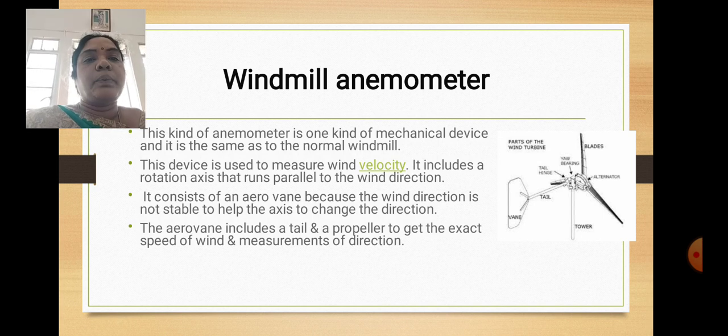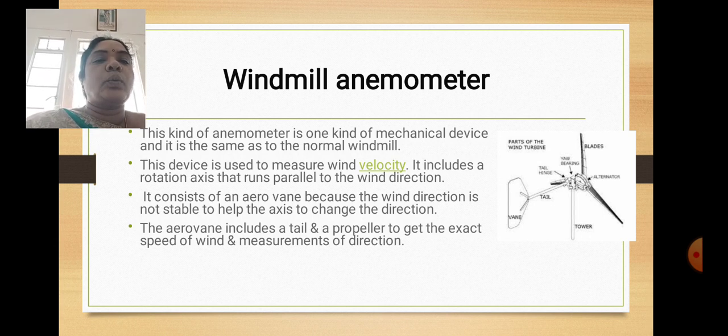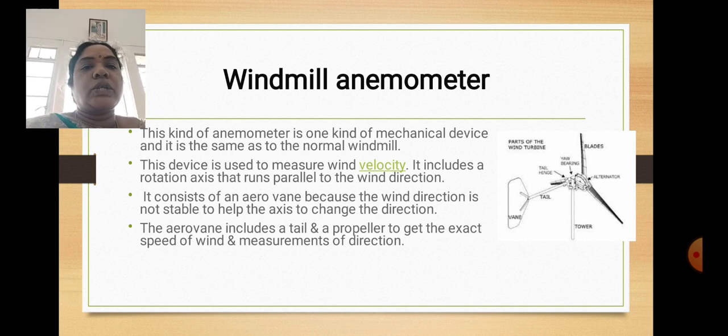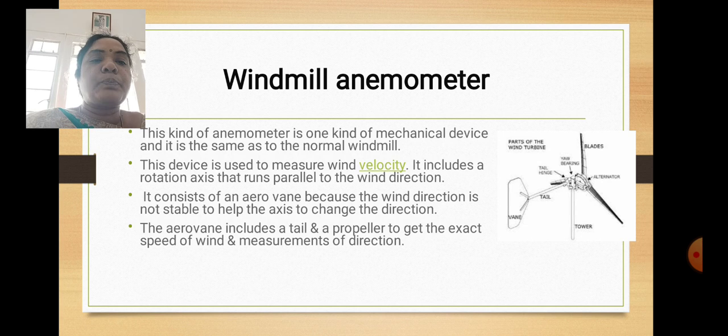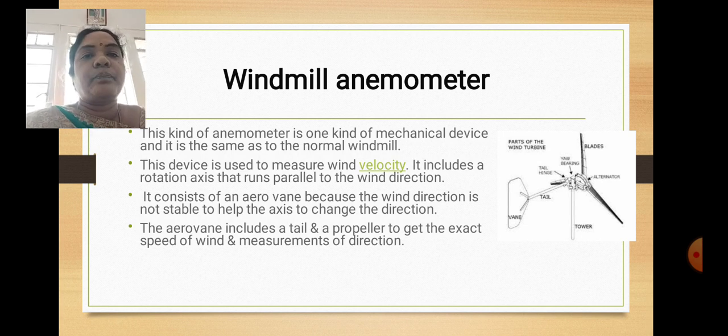The next type is the windmill anemometer. This kind of anemometer is a mechanical device, and it is similar to a normal windmill. This device is used to measure wind velocity. It includes a rotational axis that runs parallel to the wind direction.